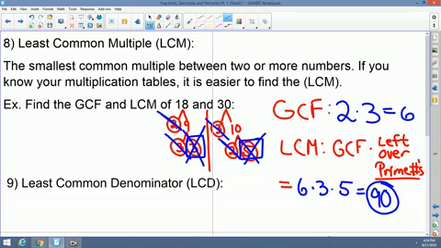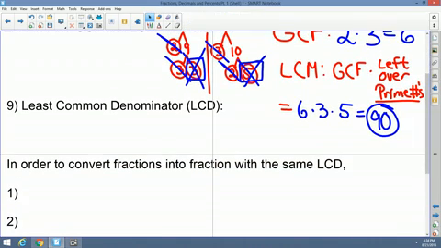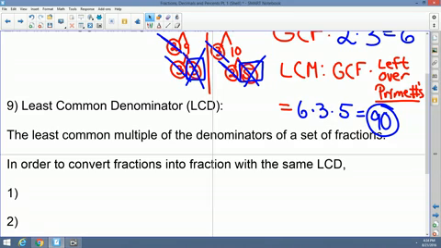Okay? If you have to, go ahead and pause, rewind, and watch that again. But this is a very important skill. Okay, least common denominator. Well, least common denominator is the least common multiple of the denominators of a set of fractions.